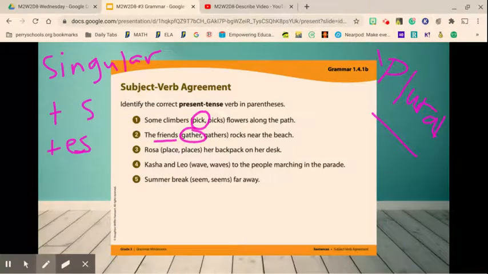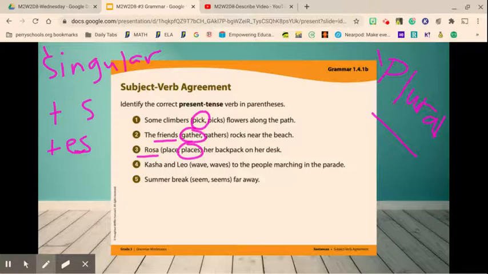All right, number 3. Rosa is the subject. That is just one person, so it is singular. Because it's singular, I know that I'm going to add s or es to my verb, and my verb is place. So Rosa places her backpack on her desk.